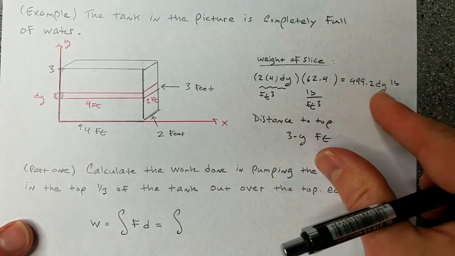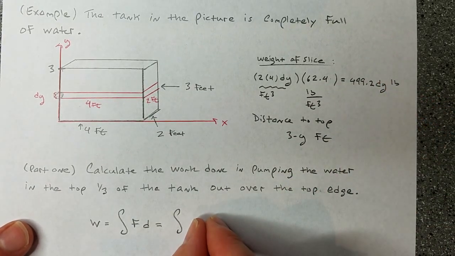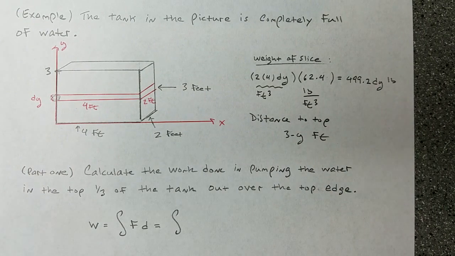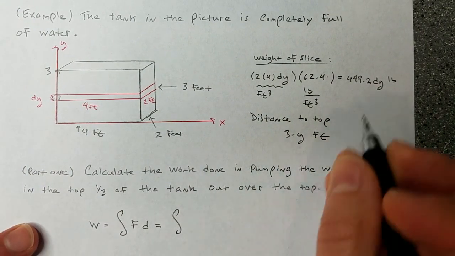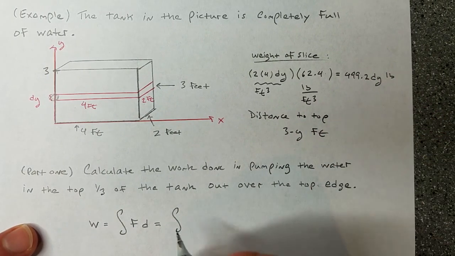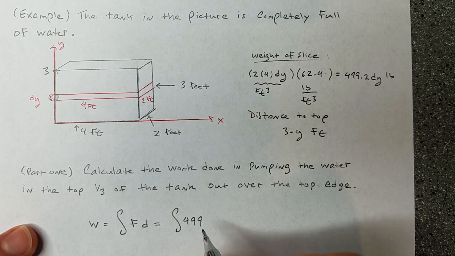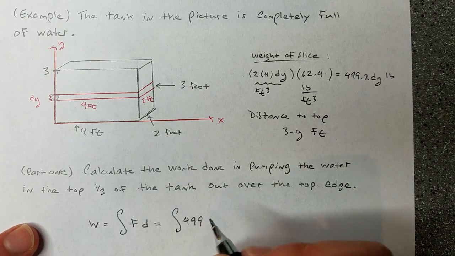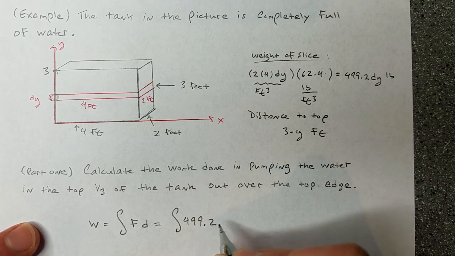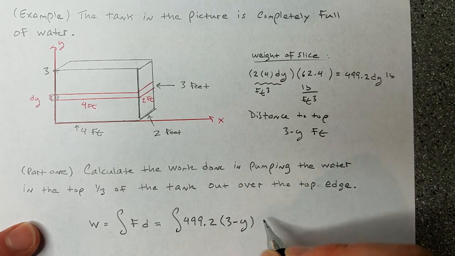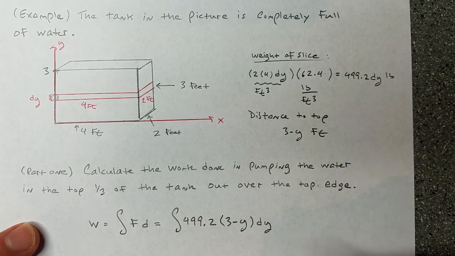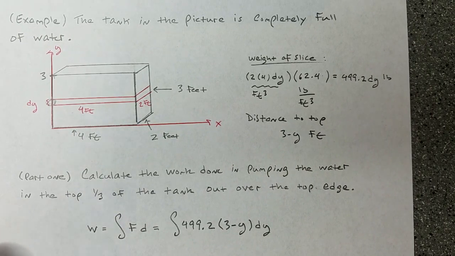So those things are going to go here for the problems that involve pumping water out of a tank. That's how it's going to work. So let's put all that together, the force and the distance. I'll do 499.2 times 3 minus y dy.